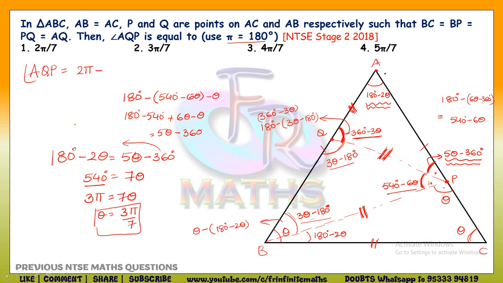Already theta is 3 pi by 7. So 3 theta means 3 into 3 pi by 7, which is nothing but 9 pi by 7. So 7 into 2 is 14, 14 minus 9 is 5 pi by 7. Hence the answer is 5 pi by 7. So this is my required answer.